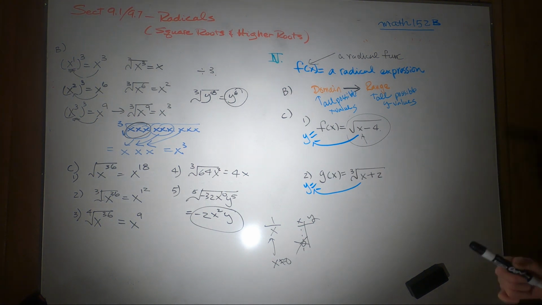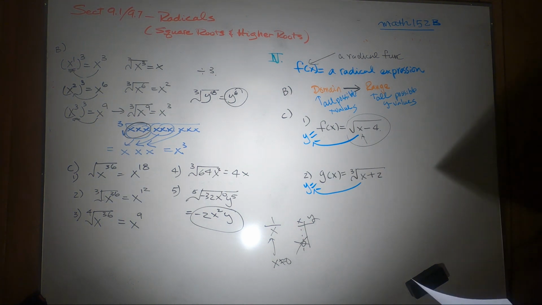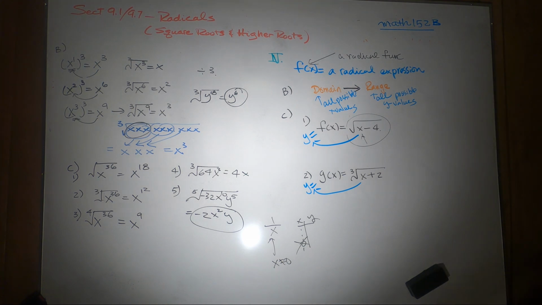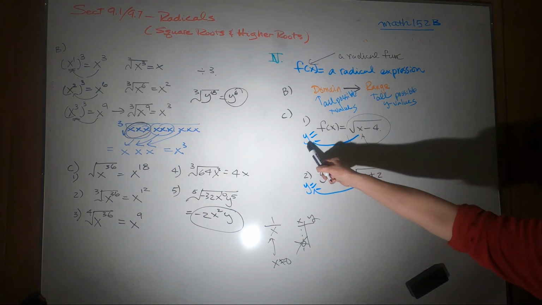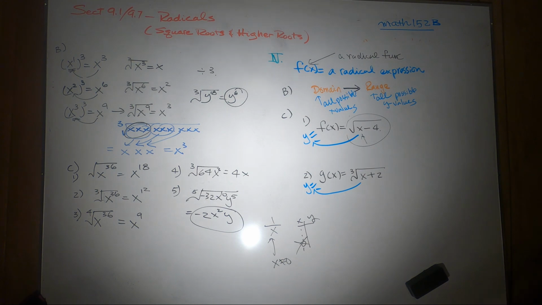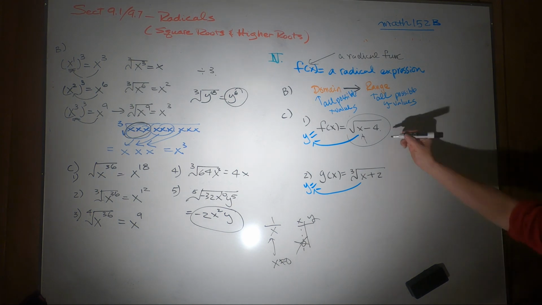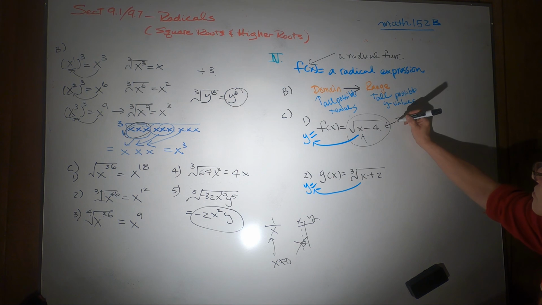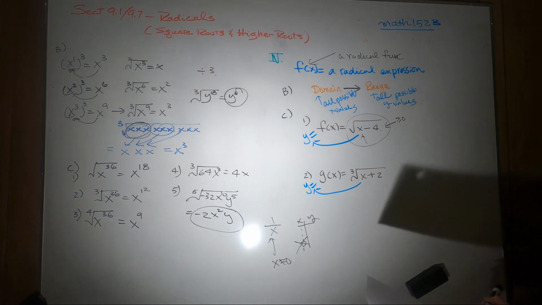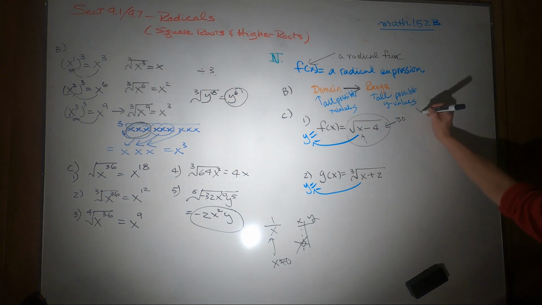You can use 0, 1, 2, 3, but you cannot use a negative number because it doesn't exist for the y. So your domain will be restricted. So this one means the inside has to be greater than or equal to 0, so x minus 4 has to be at least 0.